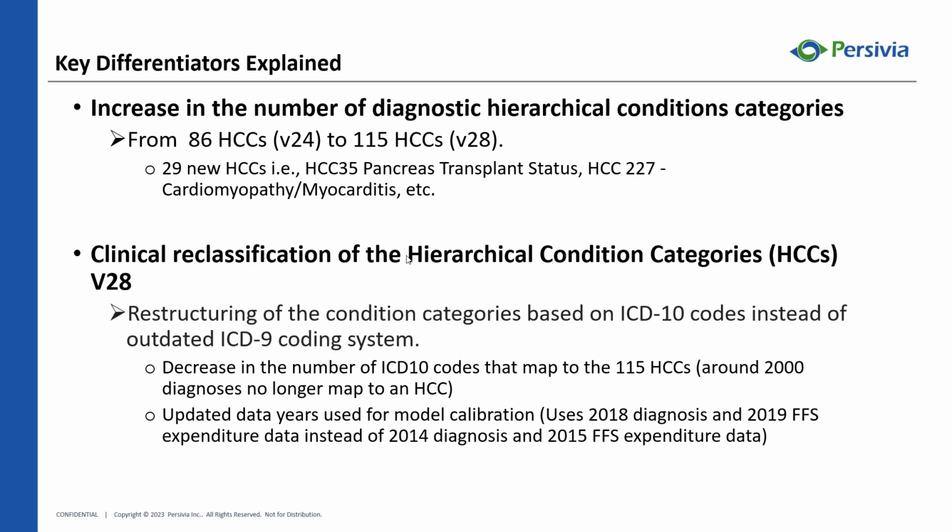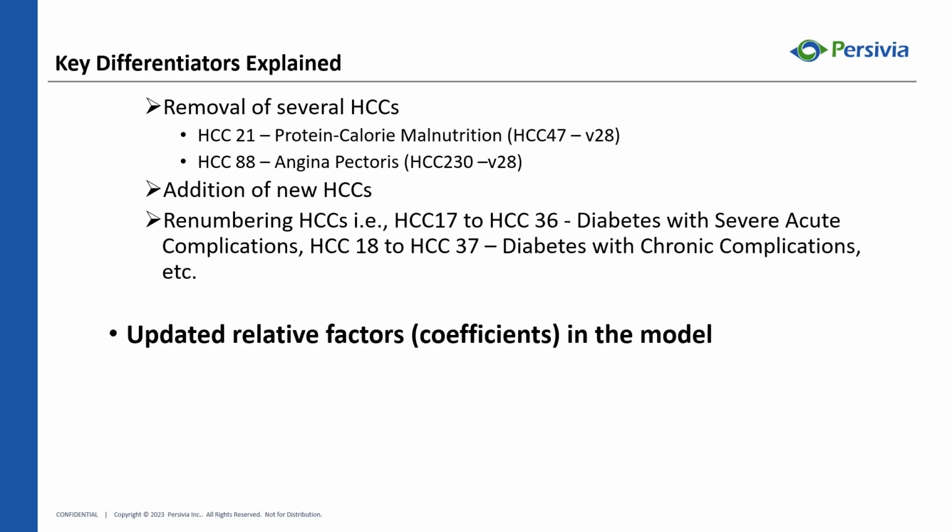Okay. So here you'll notice there are several HCCs that have been removed. An example of this is HCC 21, which stands for protein calorie malnutrition under the version 24 model, but it corresponds to the category HCC 47 under the version 28, but it's been removed. Some other examples are HCC 88, angina pectoris.